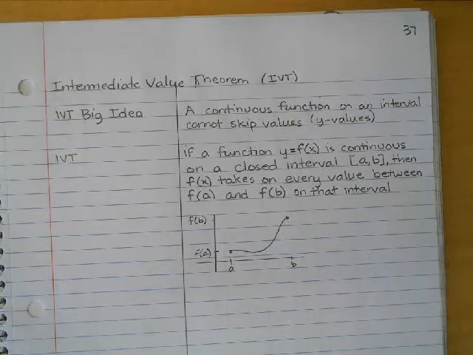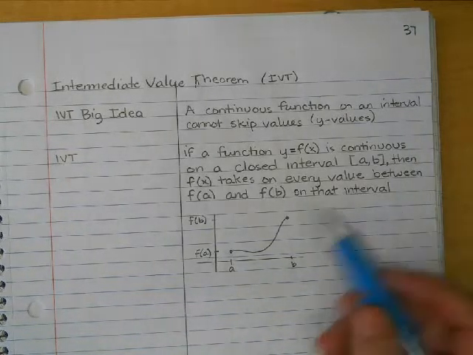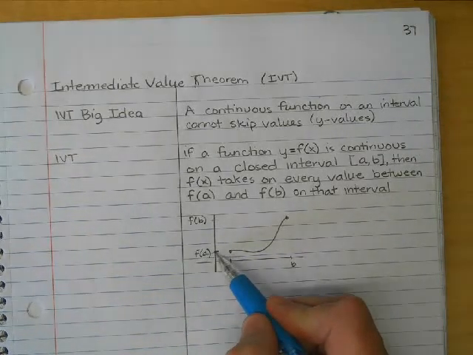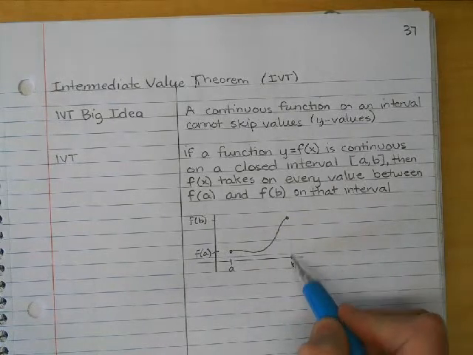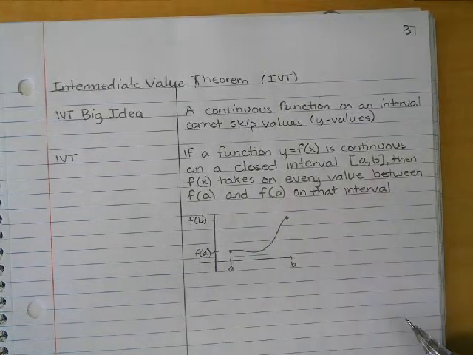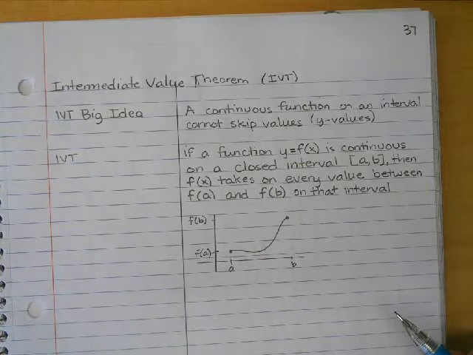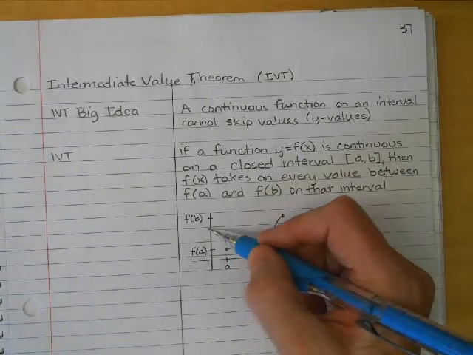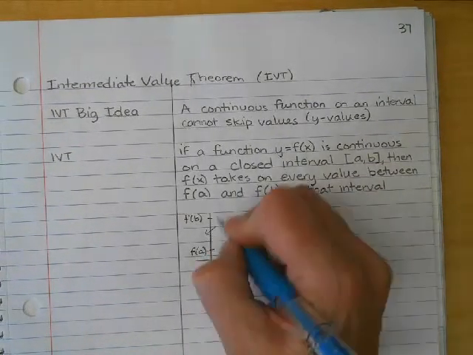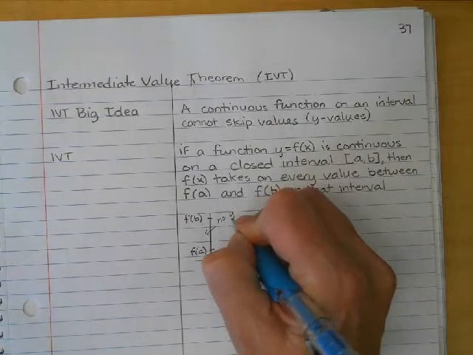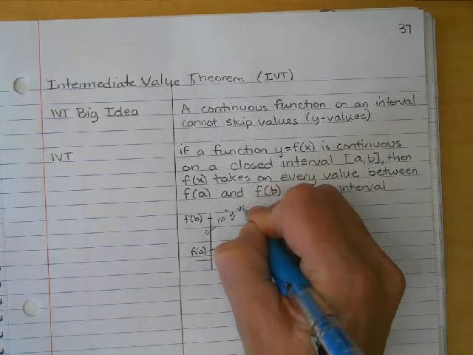I know you'll need to pause the video to write that down. But basically, here's A, here's the y value that goes with A. Here's B, here's the y value that goes with B. It's going to take on every value in here. So let's kind of put that no y value is skipped.